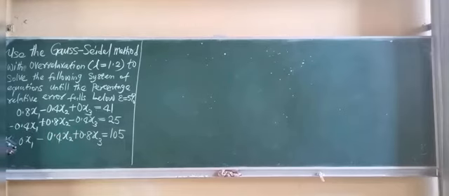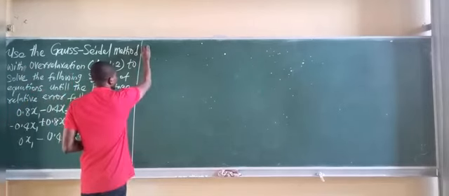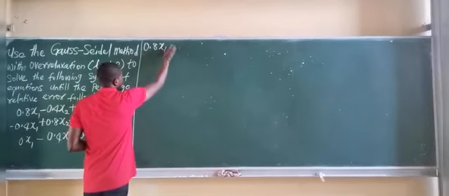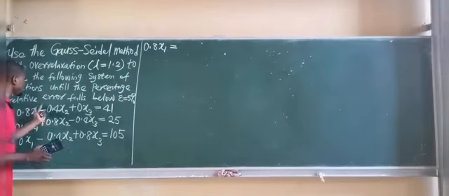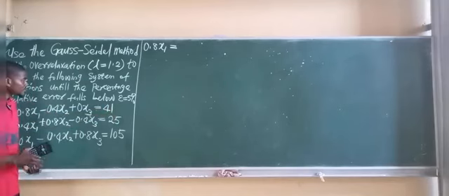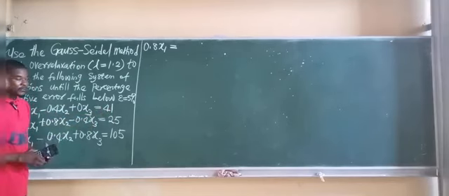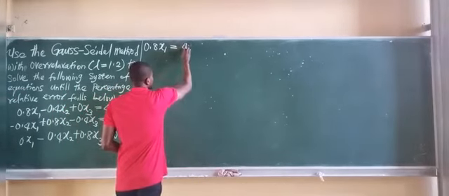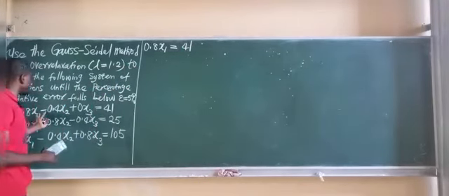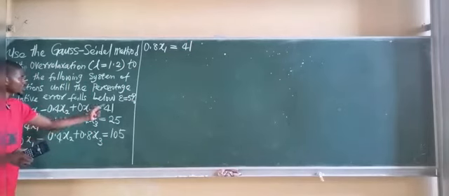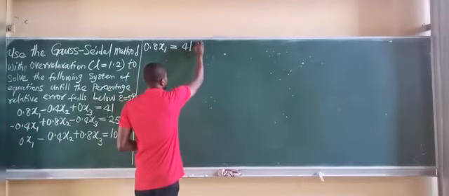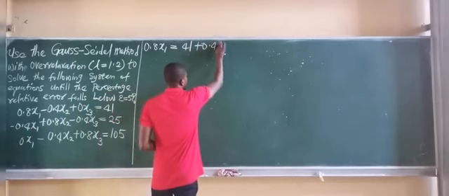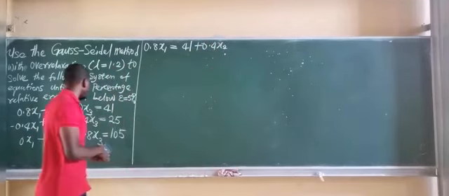Okay, so if we do that, from equation 1, I will simply have 0.8x1 is now equal to, so I want to make x1 the subject of the formula, I will simply send every other term to this other side of the equation. Now, we have 41 on this side of the equation, so you simply put it down, 41. Then again, minus 0.4x2 crosses over to the equal to sign. A negative sign crossing an equal to sign automatically becomes positive. So therefore, we simply have plus 0.4x2.